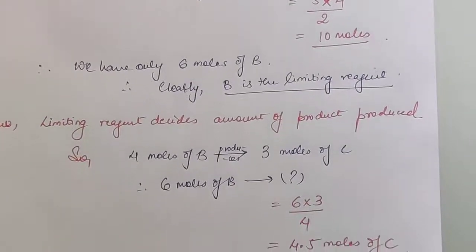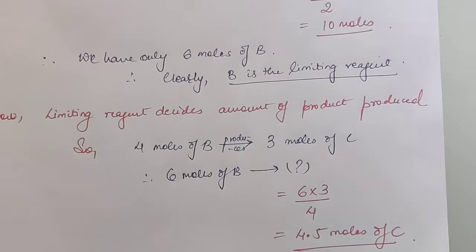So as you can see on the screen, how you can calculate it is very simple. 4 moles of B produces 3 moles of C. This we get from the reaction. And how much B is given to us? 6 moles. So if 4 produces 3 moles of C, how much will 6 moles of B produce? So simple unitary method again, 6 into 3 divided by 4. So that is 4.5 moles of C being formed. Okay? So I hope with this question the concept of limiting reagent is really very clear. Okay?